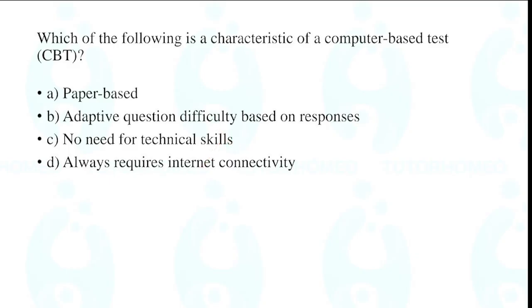Always require internet connectivity? See, a computer-based test can be offline also, correct? So the characteristic of the computer-based test here is adaptive question difficulty based on responses. In a computer-based test, the difficulty level can be adjusted based on the test taker's response to the previous questions.